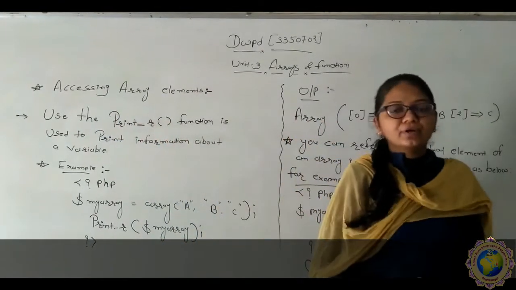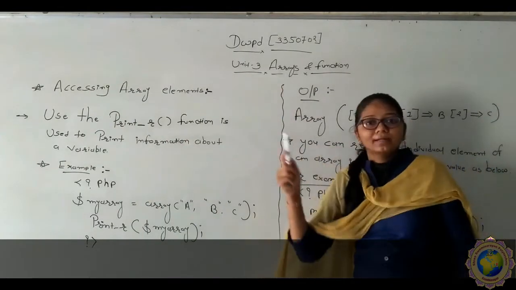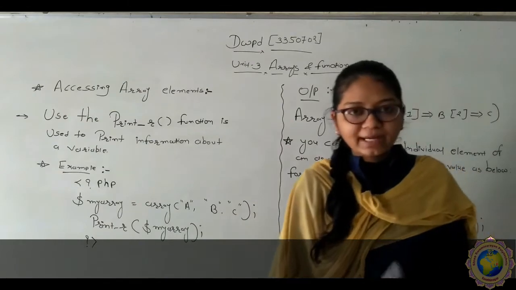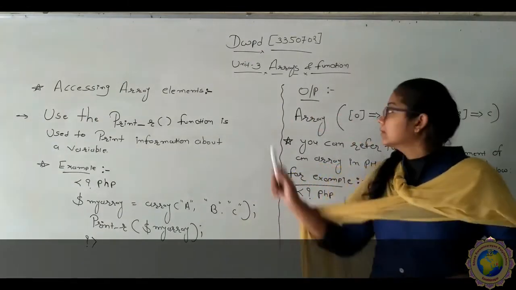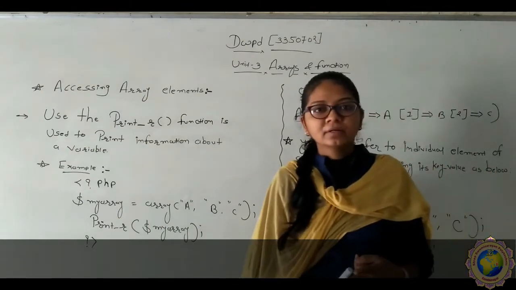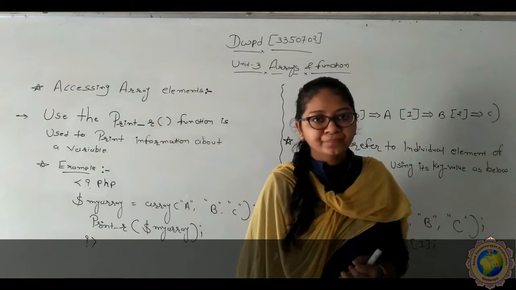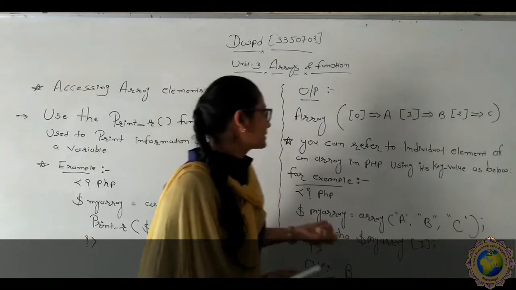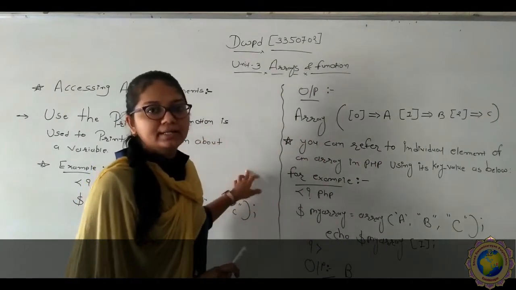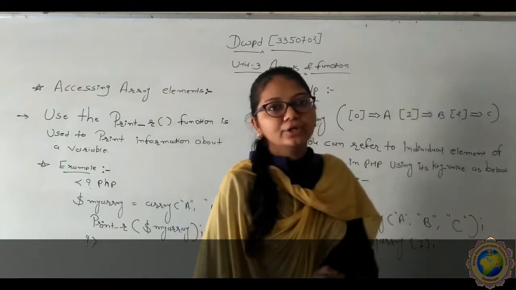In a previous video lecture we already studied the topic of array, types of array. So let's revise this topic. Types of array: first index array, second associative array, and third multidimensional array. Index array is also known as a numeric array.